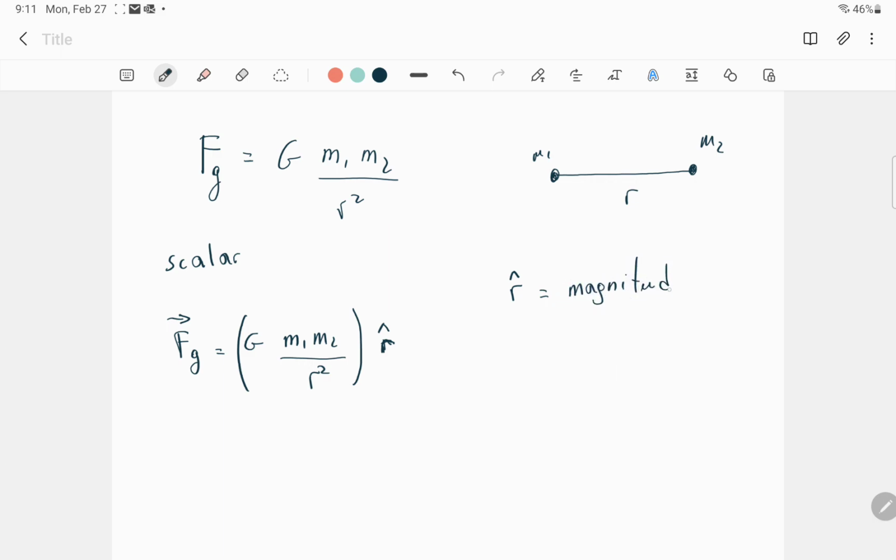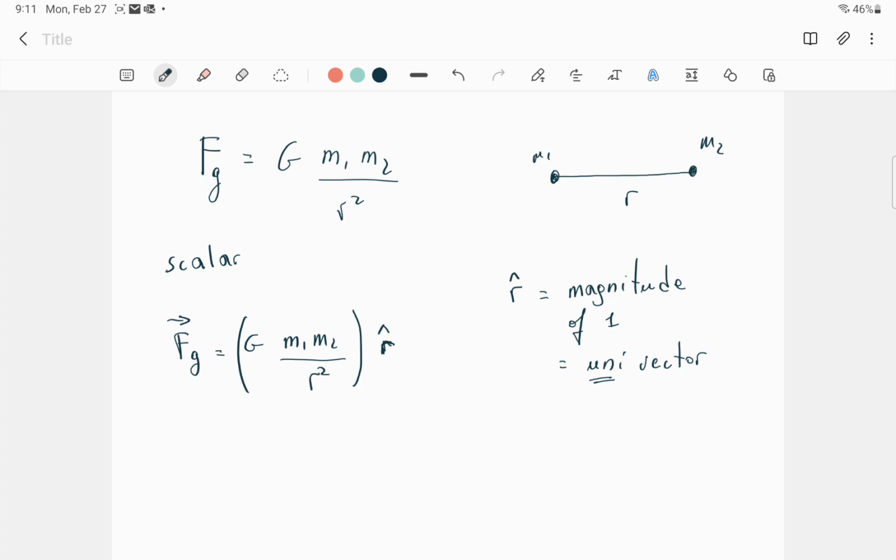I think we talked extensively about this. This is also called a unit vector, because it has a unitary magnitude. Every time you stick the hat on top of a letter, you're talking about a unit vector.